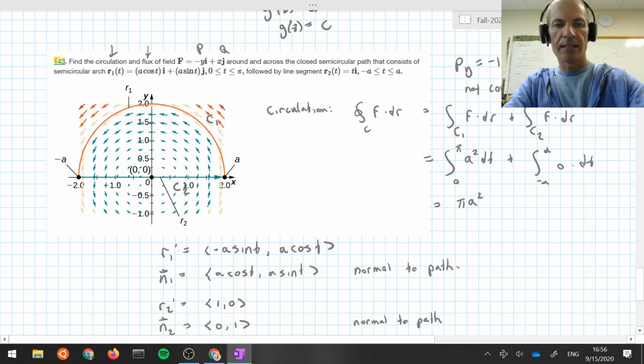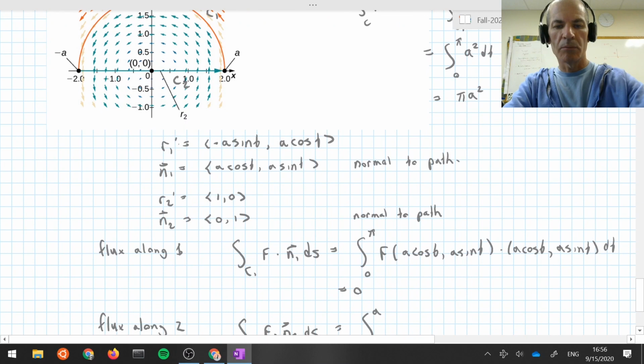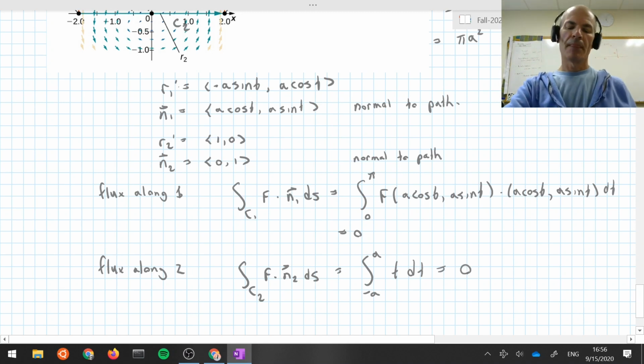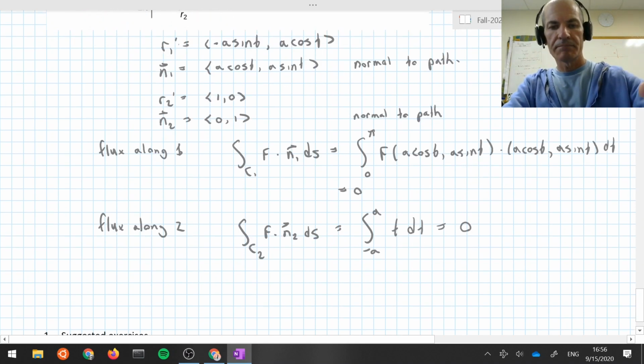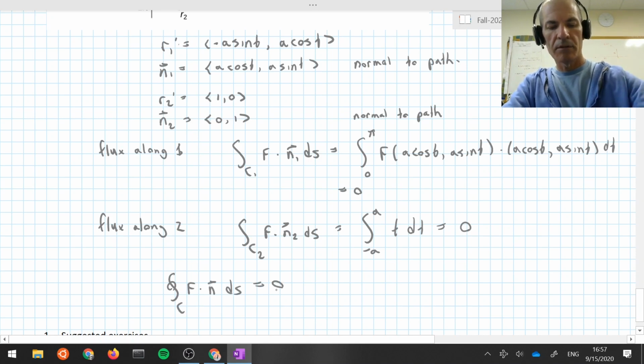If I plug that into f, I get 0, t, so tj. And then I'm going to dot that with the normal vector, so I'm just going to get a t dt. Integrating that, I also get 0. Putting them together, the whole integral of f dot n ds along the whole curve is 0.